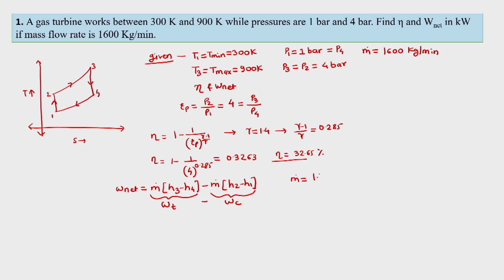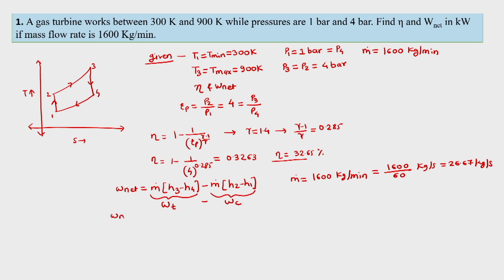It is given to us as 1600 kg per minute, so this is equal to 1600 divided by 60 in kg per second. So m dot is equal to 26.67 kg per second.